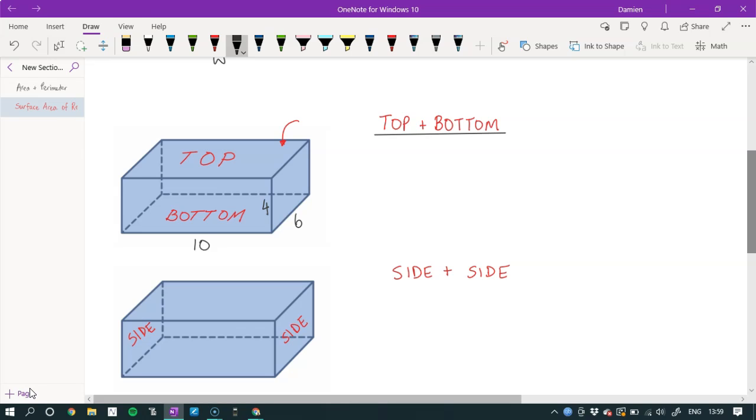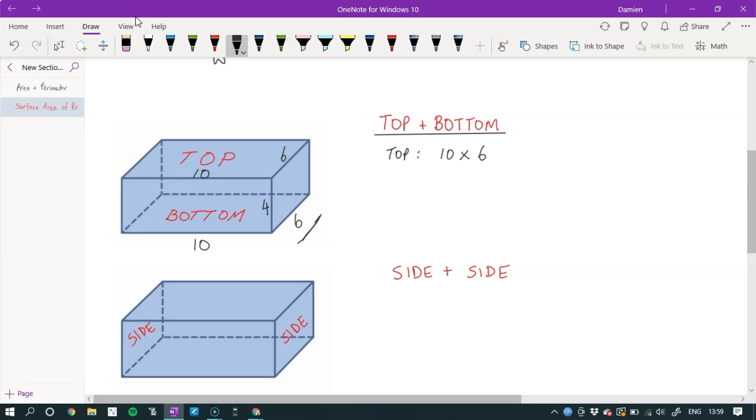So we're going to start with working out the top. Now, when I want to work out the top, I'm going to have to fill in these numbers. I know that if 10 is on the bottom, then this side is 10. And if this is 6 along this side, then this also has to be 6. So the top is going to be 10 multiplied by 6.